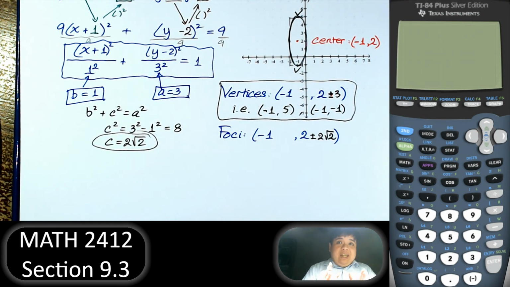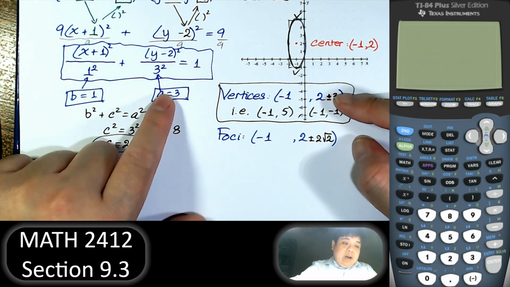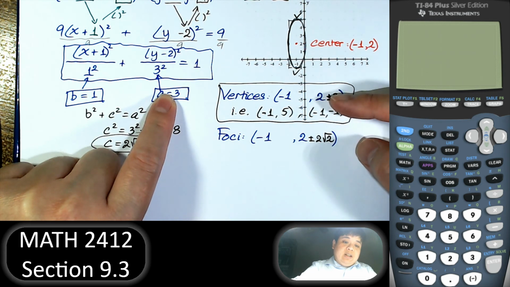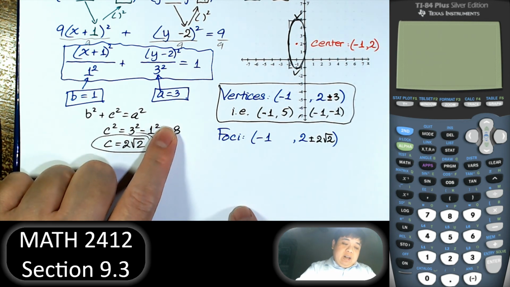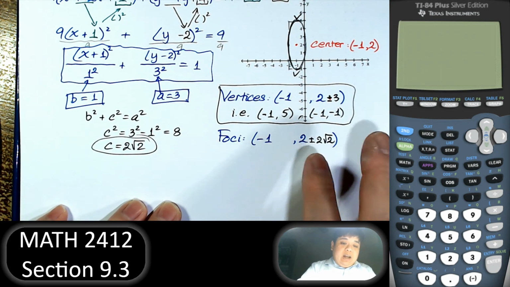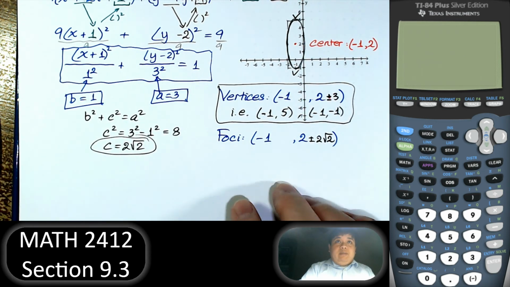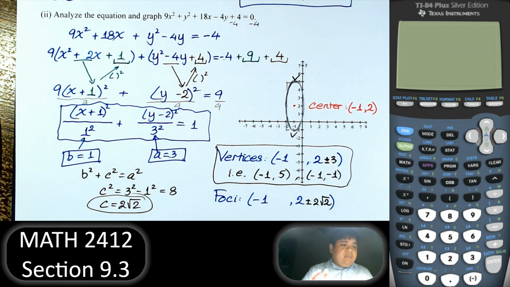We use C, the distance from the center to the focus, and we use A, the distance from the center to the vertex, and we just add. So A is 3, so just add and subtract that from the y component of the center, and for the foci add and subtract the C to the y component. Right.